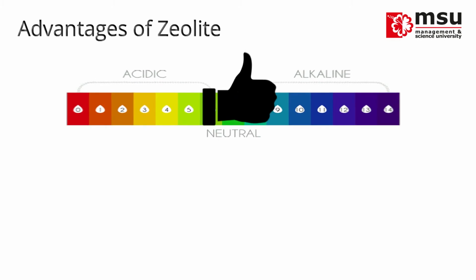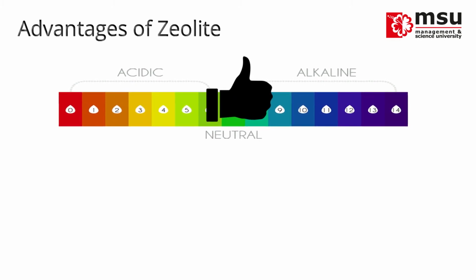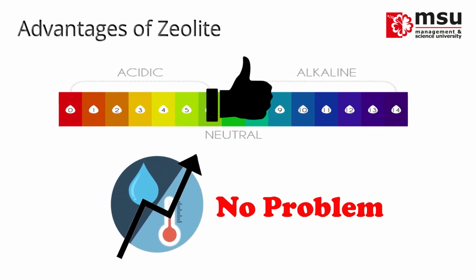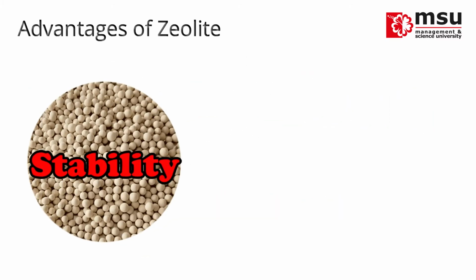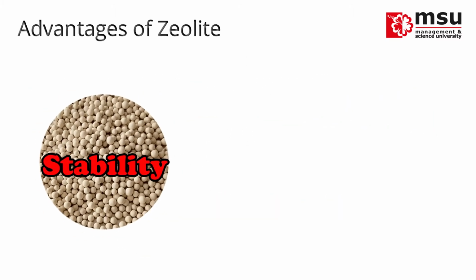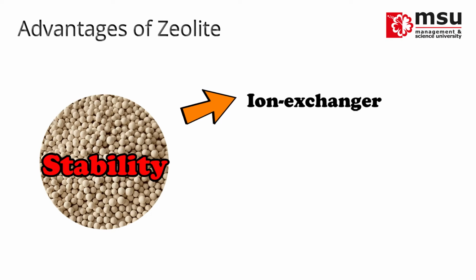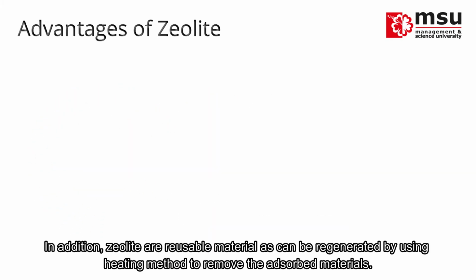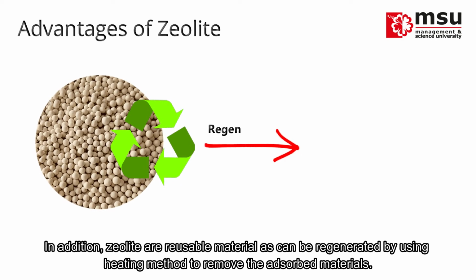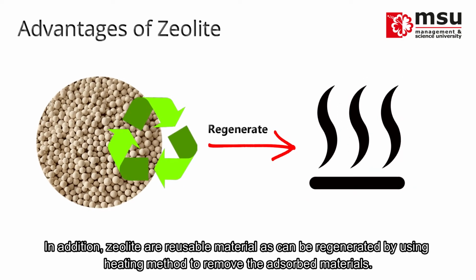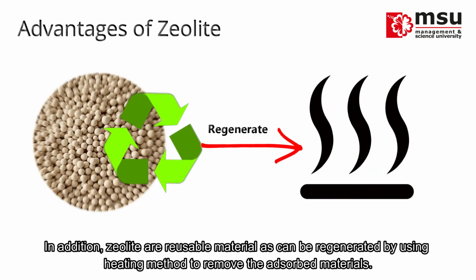The advantages of zeolite are that it is stable in either acidic or alkaline environments, and high humidity conditions will not affect its adsorption properties. The stability of zeolite properties makes it crucial to its application as ion exchanger, sorbent, and catalyst. In addition, zeolite is a reusable material, as it can be regenerated by heating to remove the adsorbed materials.